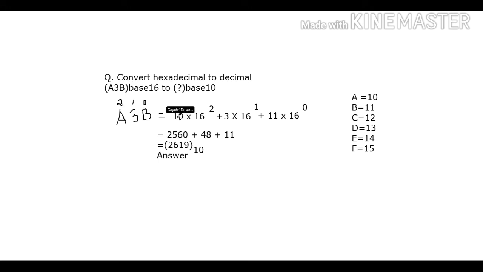Then we see the value of A in hexa. A value is 10. 10 into 16 square plus 3 into 16 to the power 1, then 11 into 16 to the power 0. Then you do the calculation and you will get the answer.